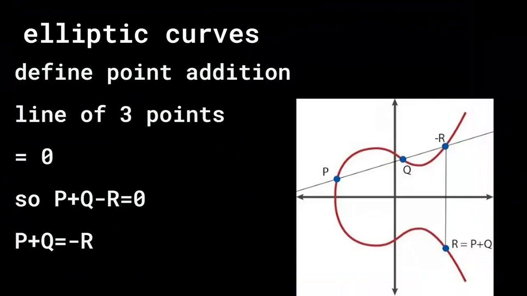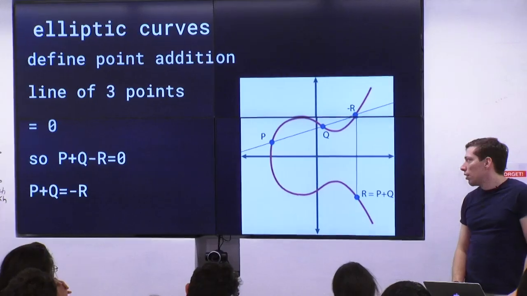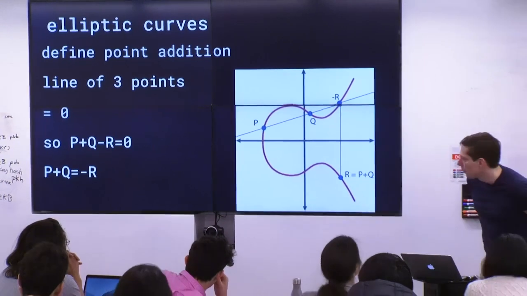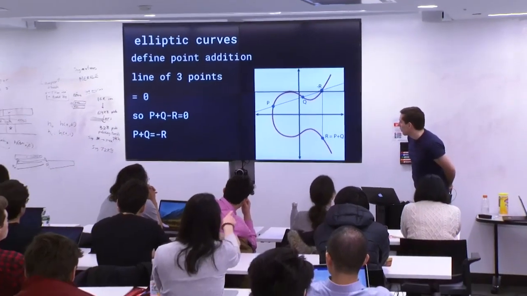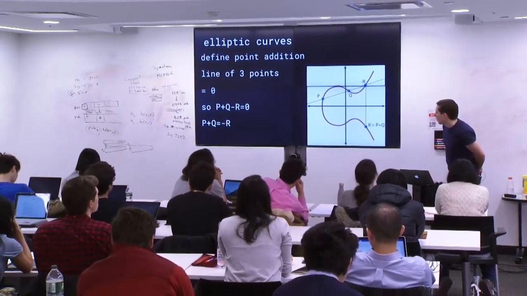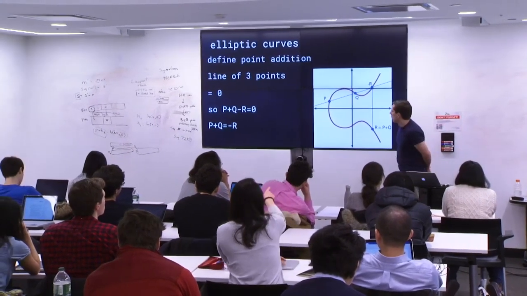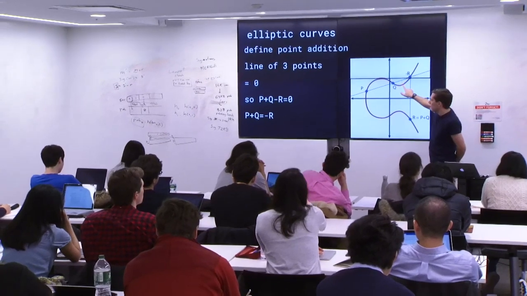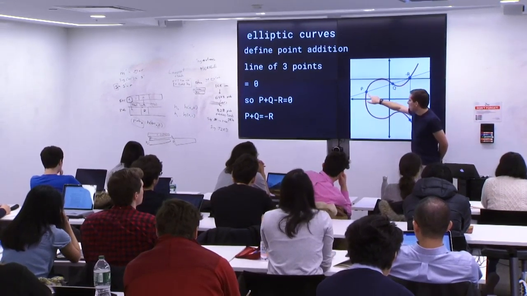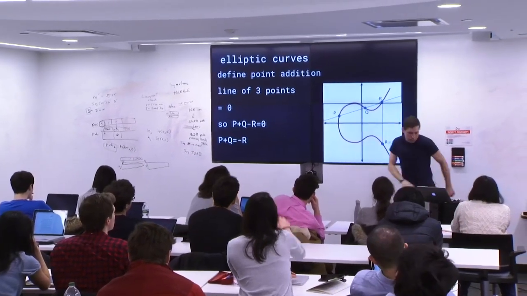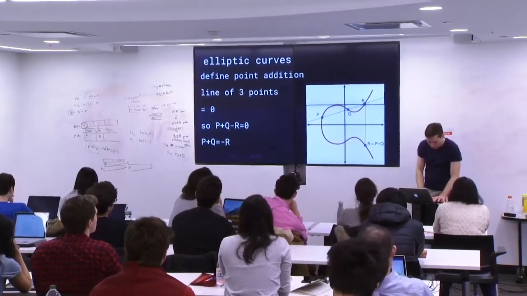However, we don't actually use these nice curves. We sort of chop them up and take them modulo something. Yeah? P plus Q equal to negative R, should it be positive R? No. In this case, R is up here, right? Oh, shoot, sorry. P plus Q equals R, right.